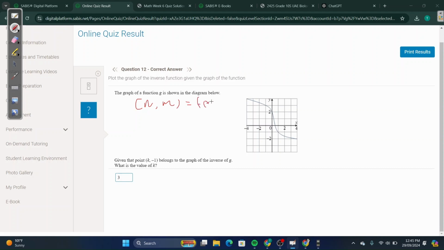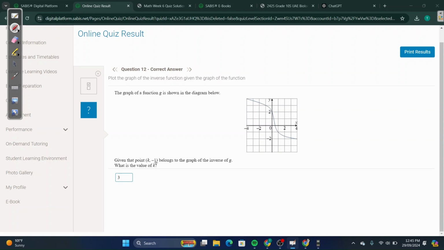To get the inverse points, you swap these two together. So your M becomes here, and your N goes here. This is your inverse points. M and N swap, basically. X and y swap. So your x-coordinate becomes your y-coordinate, and your y-coordinate becomes your x-coordinate.